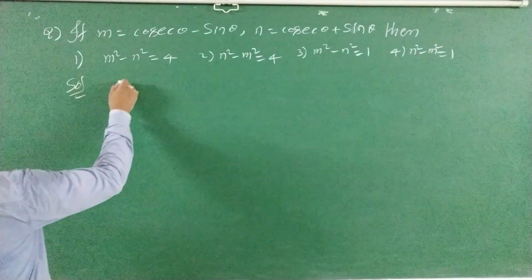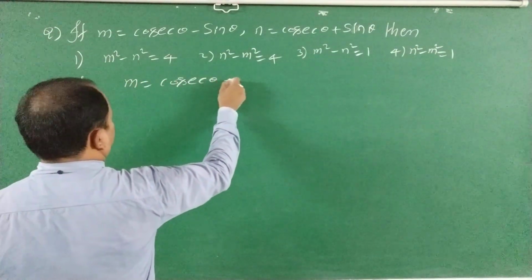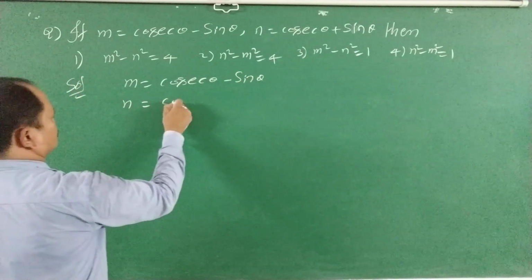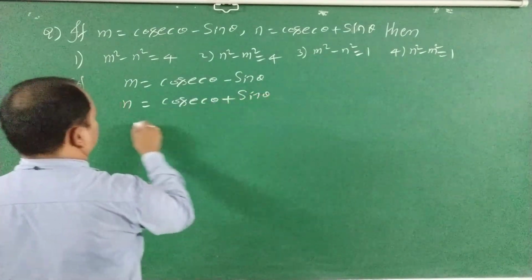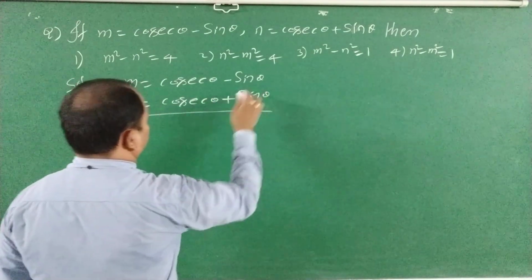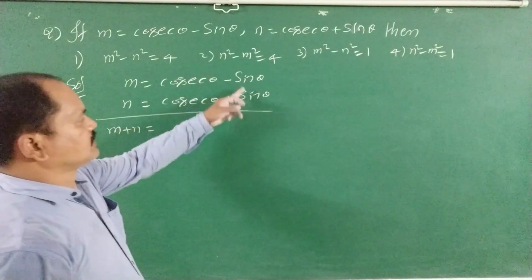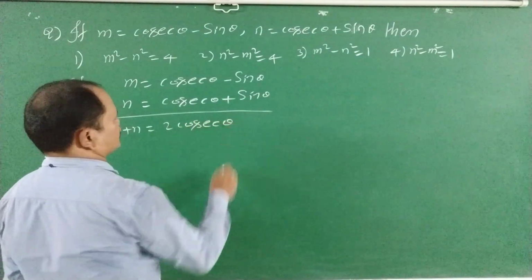Solution for this one. So m is equal to cosecant theta minus sin theta, and n is equal to cosecant theta plus sin theta. Now we have to add these. So m plus n is equal to, here sin theta gets cancelled, 2 times cosecant theta.